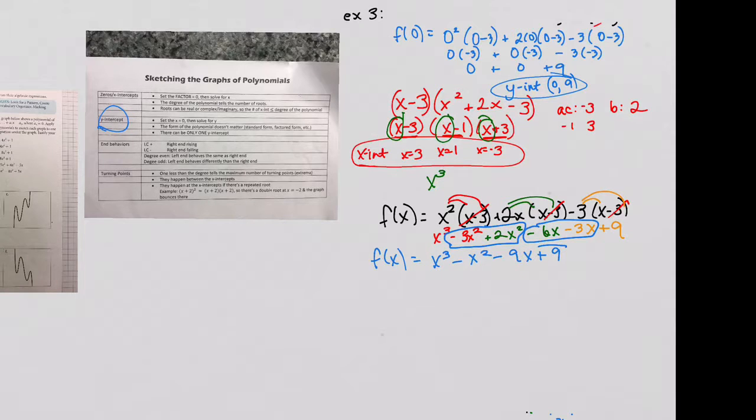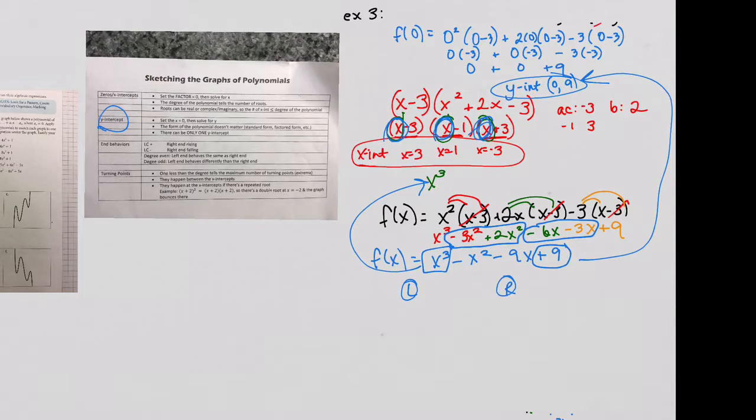It does confirm that our y-intercept is positive 9. It matches that. I do have my leading term of x to the third, which did match when I just multiplied my 3 factors here, those x's. So that matched up. So let's figure out what's happening on the right end and left end using our end behaviors.